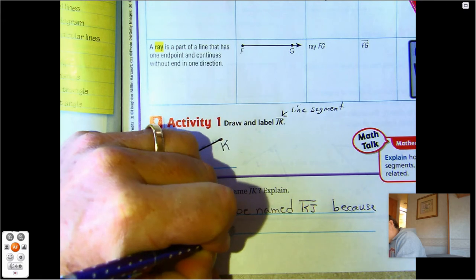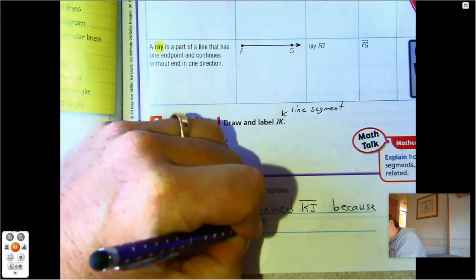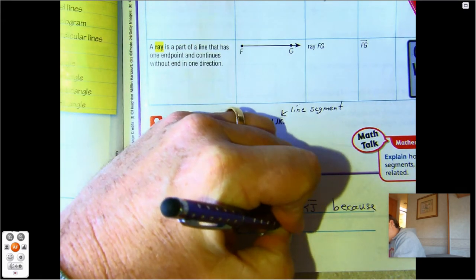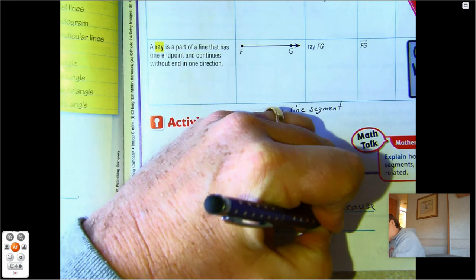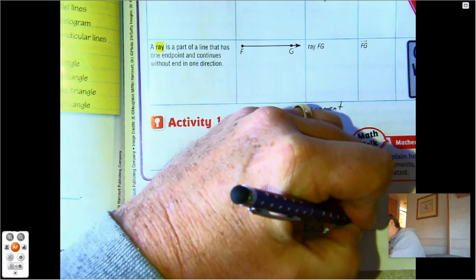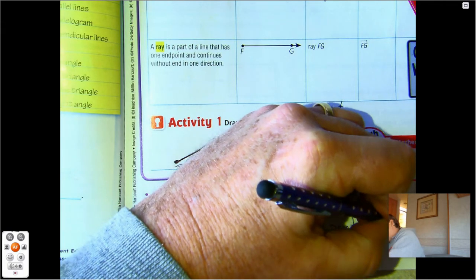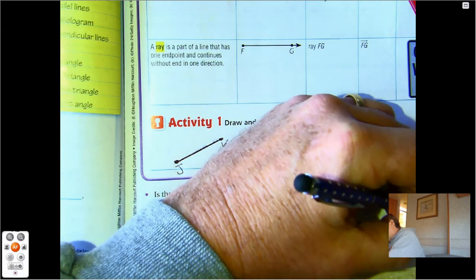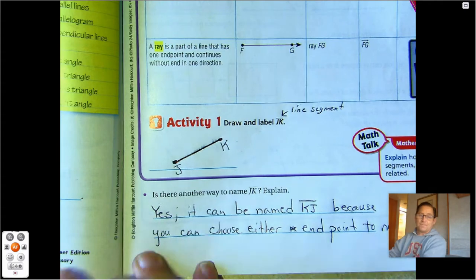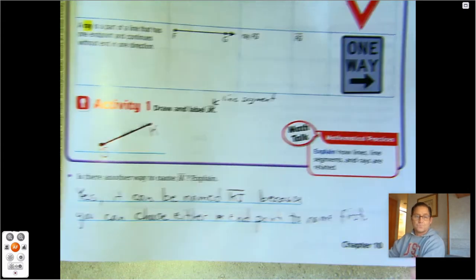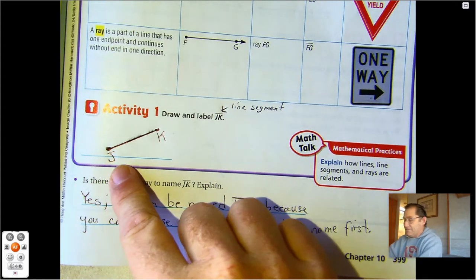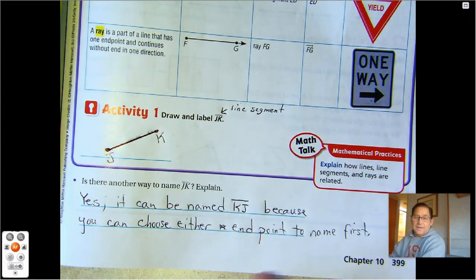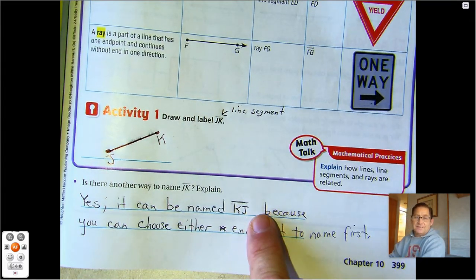You can choose either endpoint to name first. So the 2 names for this line segment are line segment JK or line segment KJ.